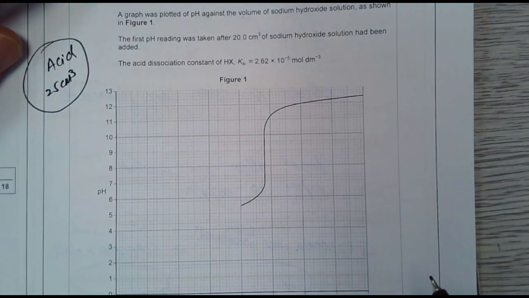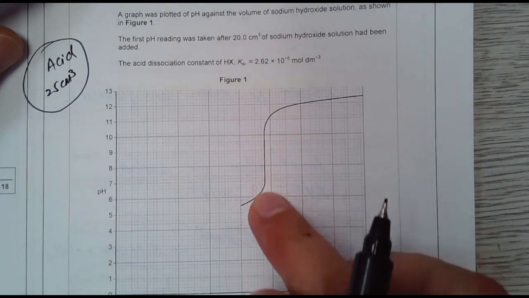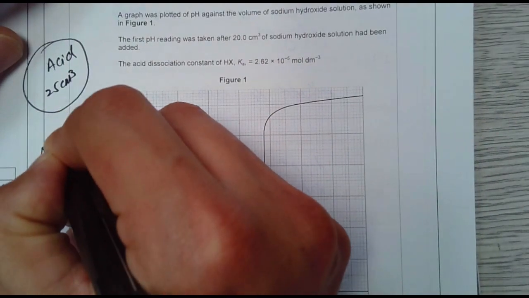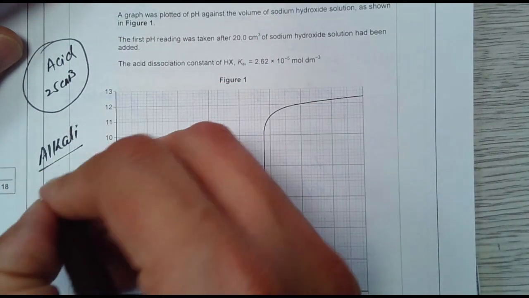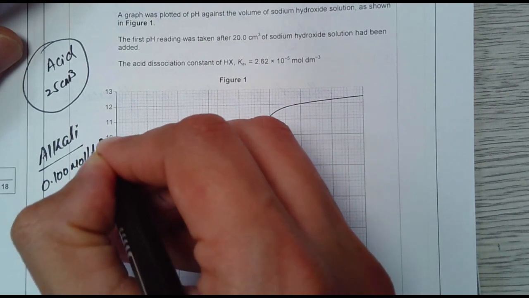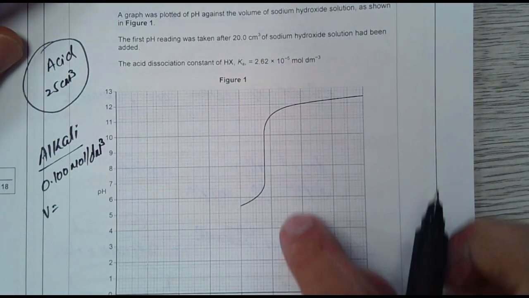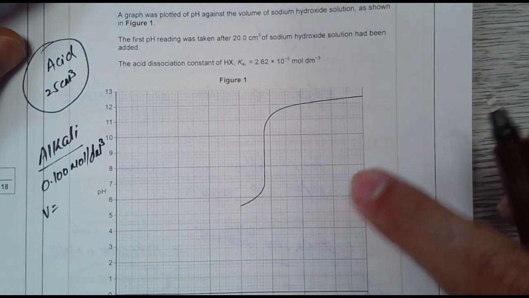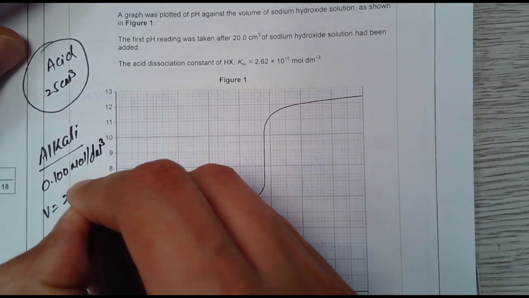How much alkali do I have? We don't know that bit, but I can work out the amount of alkali that was required for the neutralization. So alkali is 0.100 mole per dm cube, and the volume will be, how much is it? From here I can work out about 24 centimeter cube.